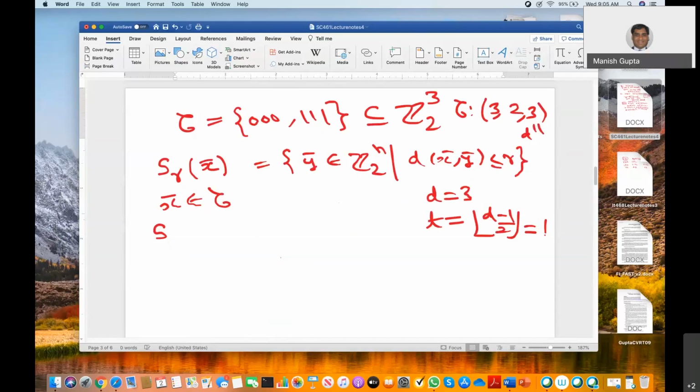So let me draw a sphere of radius 1 around the code word 000 and see what its value is.